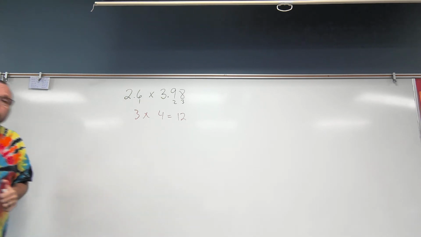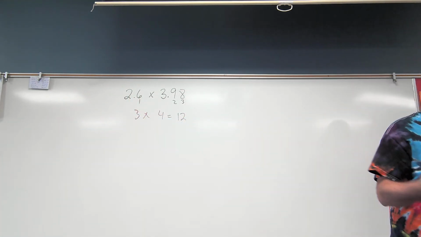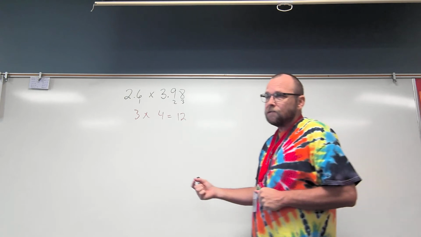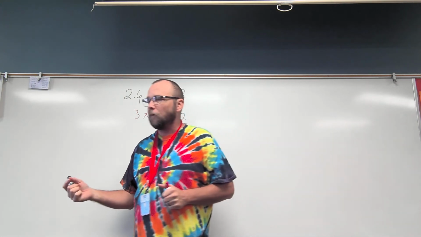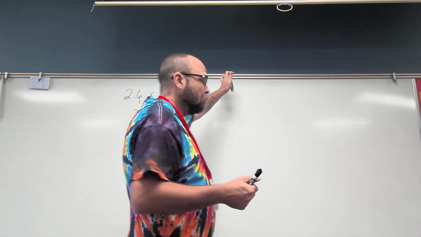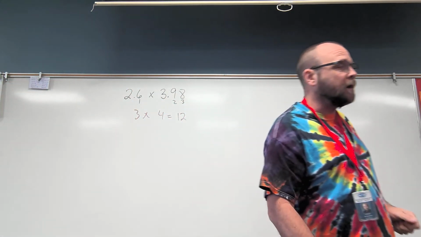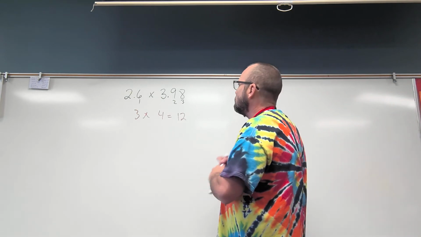Now, here's the key: when I write it, I ignore the decimal points and just write it like a normal whole number multiplication problem. Because I don't want to see it written with the decimal points lined up if you're trying to multiply it, because we don't even worry about the decimal points when we're doing the actual work.